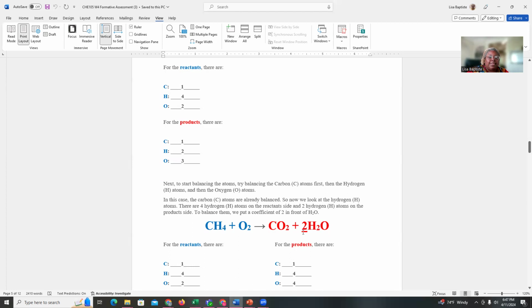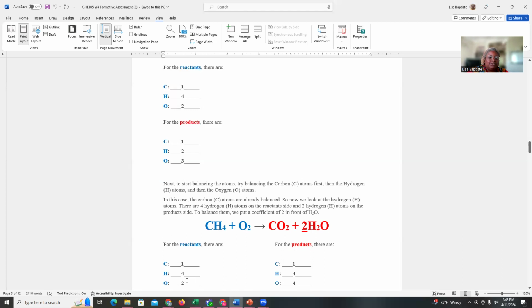But remember, I said that the 2 not only represents the hydrogen, but also the oxygen. So 2 times the subscript of 1 gives us 2 oxygen here. But remember, we have 2 oxygen for CO2. So the 2 here in H2O and the 2 here for CO2 give us a total of 4 oxygen on the product side.